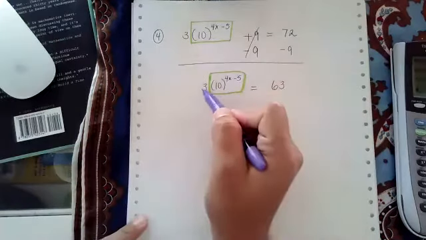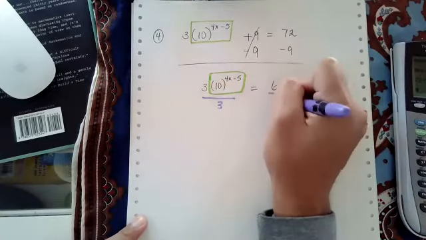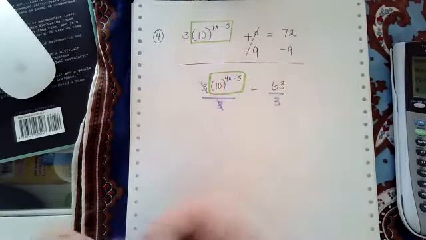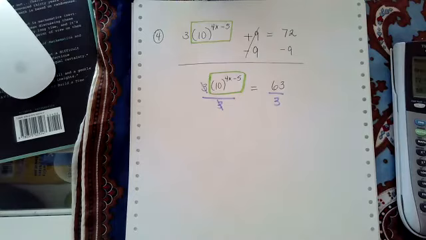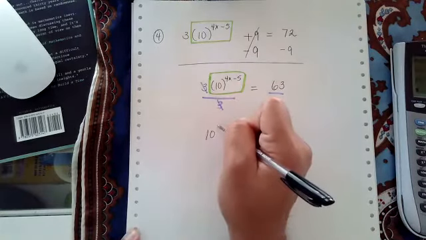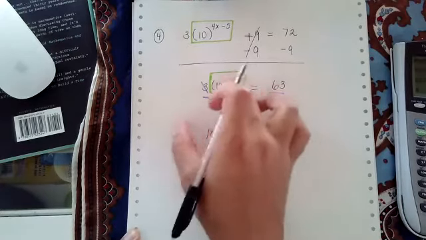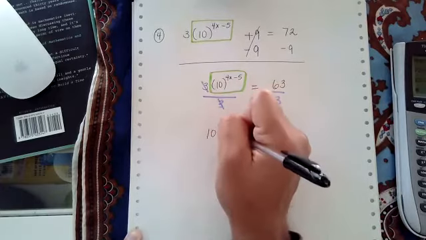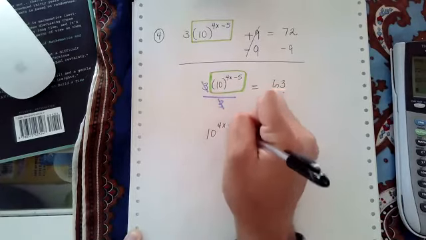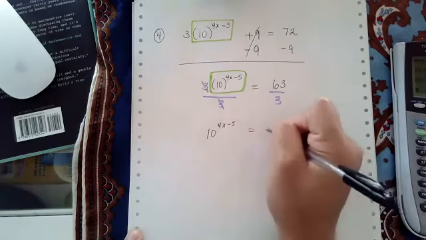So since this is 3 times our exponential expression, we're going to divide 3 on both sides. So we end up getting 10 raised to the 4x minus 5. At this point, because we don't have anything attached to our exponential expression, we don't need the parentheses, although you could leave them if you wanted to. But this is going to be equal to 21.